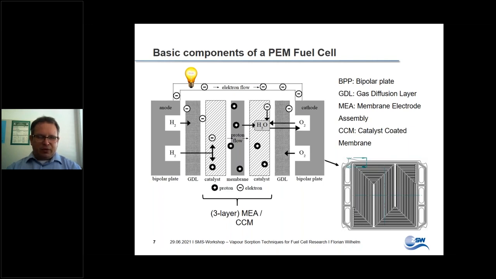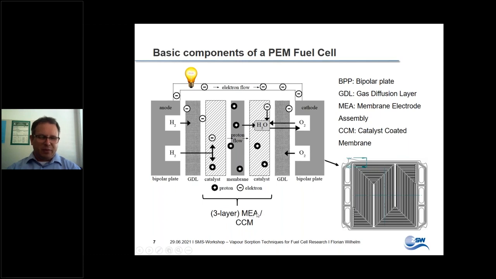Maybe some abbreviations I'm going to use in the further slides. Bipolar plate is usually called BPP as an abbreviation. Gas diffusion layer is mentioned as GDL. Membrane electrode assembly, or CCM, catalyst coated membrane, are often used for the same layers.